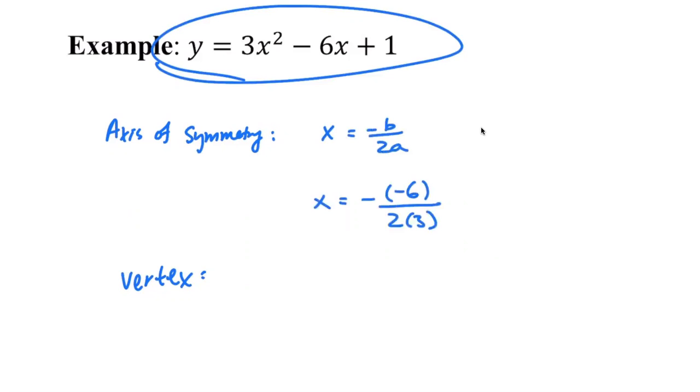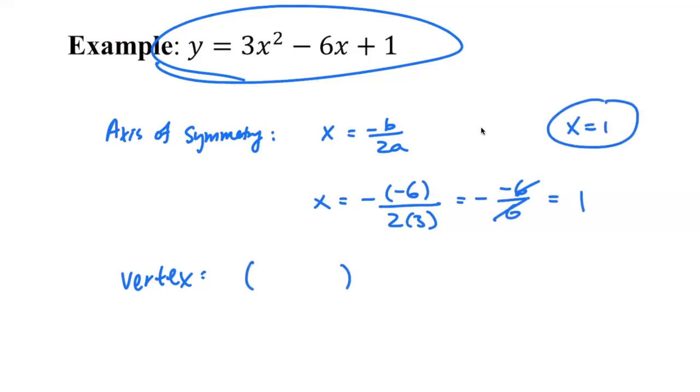By now, you should be pretty comfortable telling the a, b, c values. So you have -6 over 6. That means you have a 1 at the end. 6 over 6 is 1. Negative times negative is positive 1. So your axis of symmetry is x equals 1.